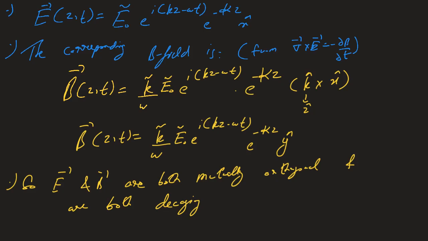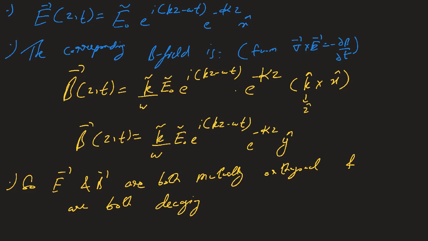But one very interesting thing has happened, if you notice, which is that B of z,t is equal to k tilde over omega E naught e to the i(kz minus omega t) e to the power minus kappa z y hat. This k tilde, in general, is a complex number.